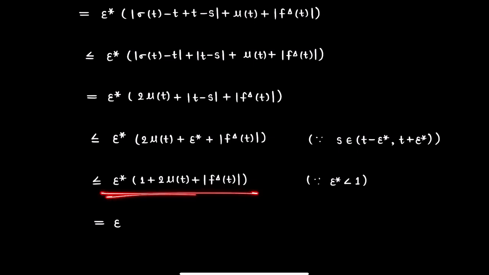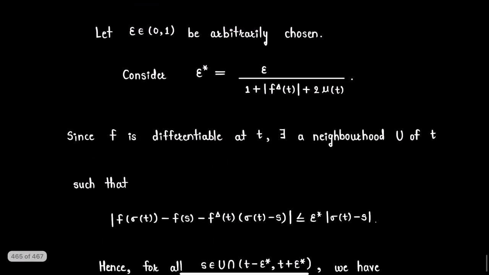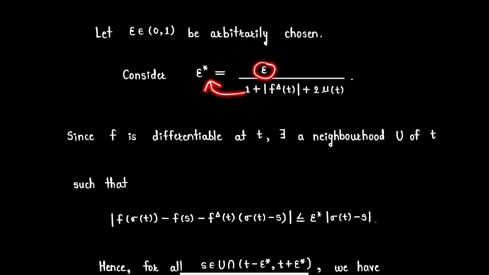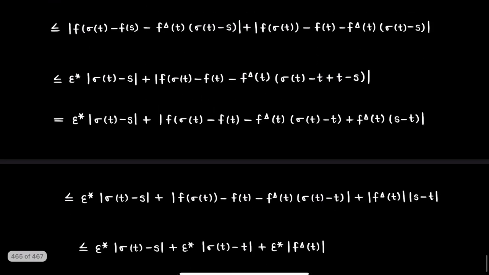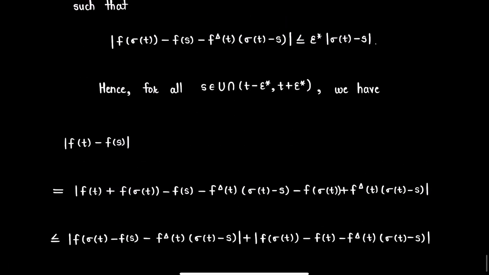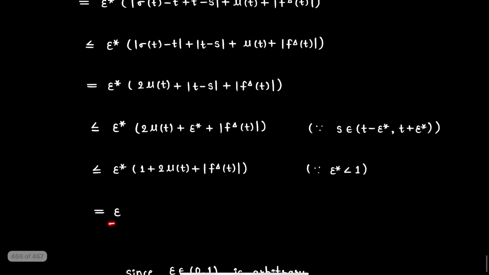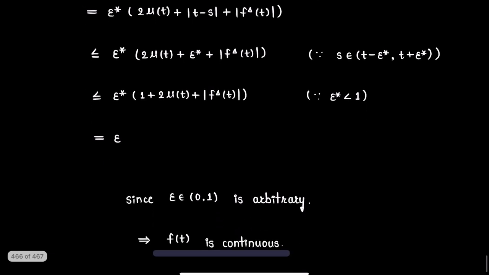Now this whole term is less than epsilon from here. So if we multiply this new denominator with epsilon star, we will get epsilon equal to the product of these two terms. So we get modulus of f of t minus f of s is less than or equal to epsilon, which is an arbitrarily chosen real number from the interval 0 and 1.